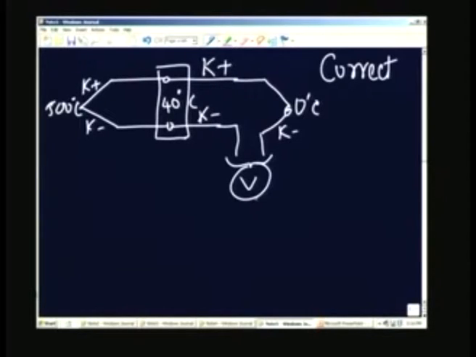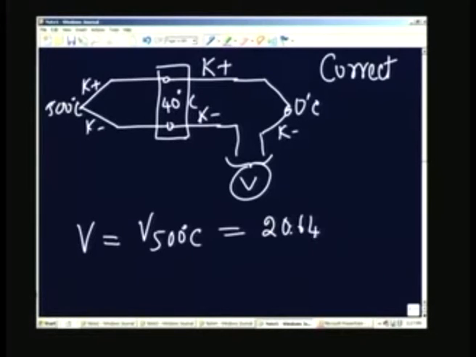In this case, the voltage reading would be equal to V at 500 degrees, corresponding to that it will be 20.640 millivolt. So, a mistake in connecting the wrong terminals could lead to a large error, as we have seen from this example.